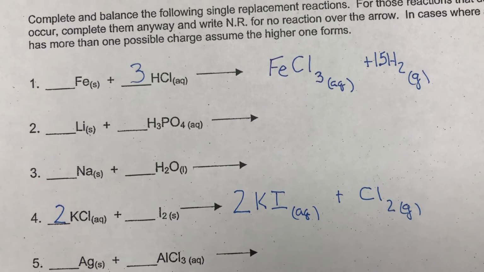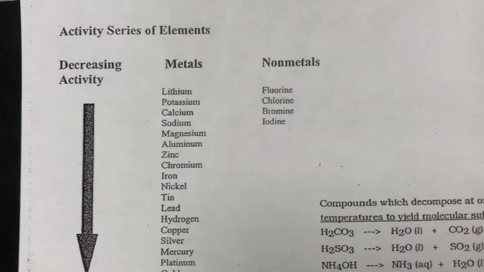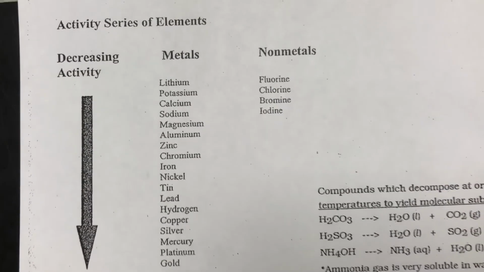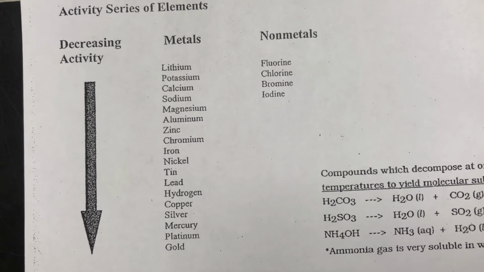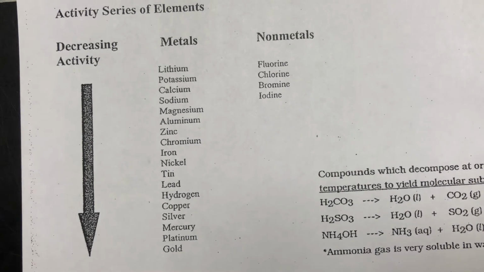When we do single replacement, we're going to check what's called our activity series, right? There is one for metals and there is one for non-metals, all right? Metals can only replace those metals they are higher than. Same for non-metals. If you look up at the top of the metals column, lithium, potassium, calcium, and sodium, these are some of our most reactive metals.